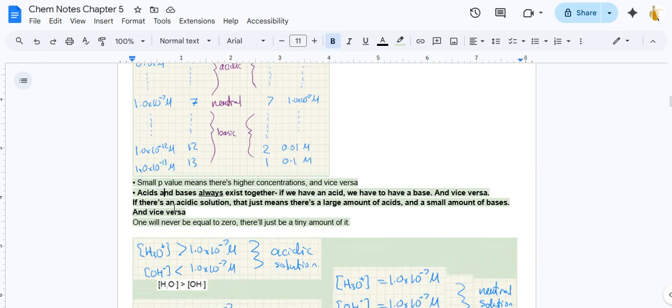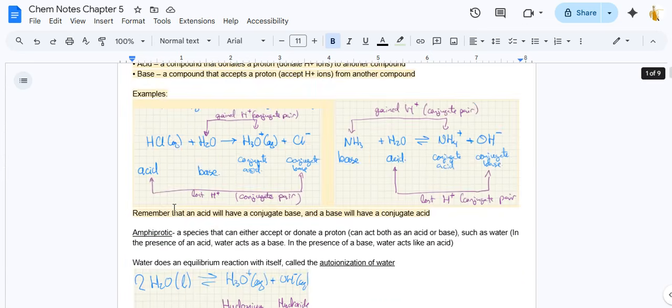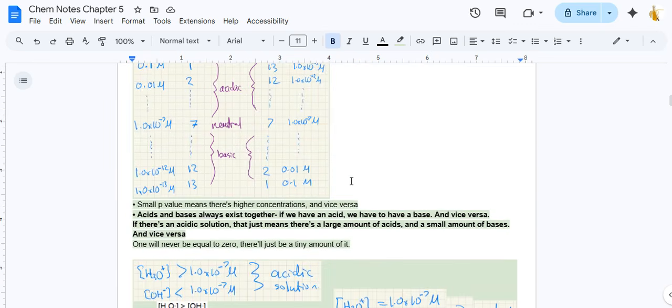And acids and bases will always exist together. For example, in these two, if we have an acid, then we have a base. And even if there's an acidic solution, that means that there's a large amount of acids and a small amount of bases.